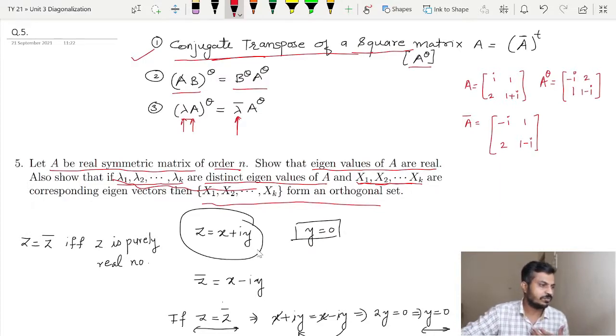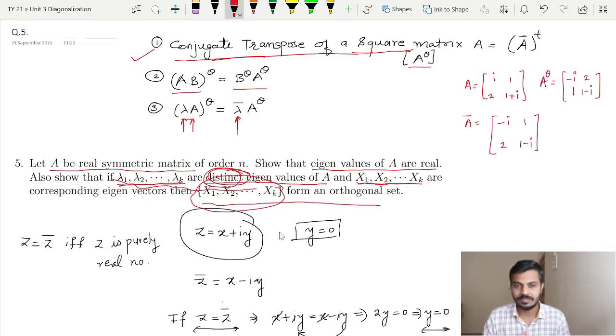So what we will do is, we will start with lambda 1, lambda 2 up to lambda k as distinct eigenvalues of A. Remember, they are distinct, and the corresponding eigenvectors x1, x2 up to xk, and we will show that this set of the eigenvectors corresponding to the distinct eigenvalues is an orthogonal set. Now the question is, what do you mean by orthogonal set?